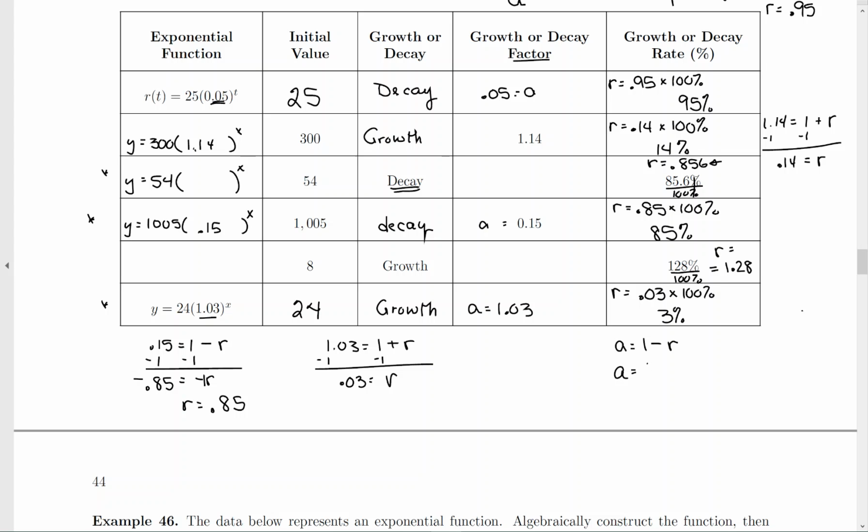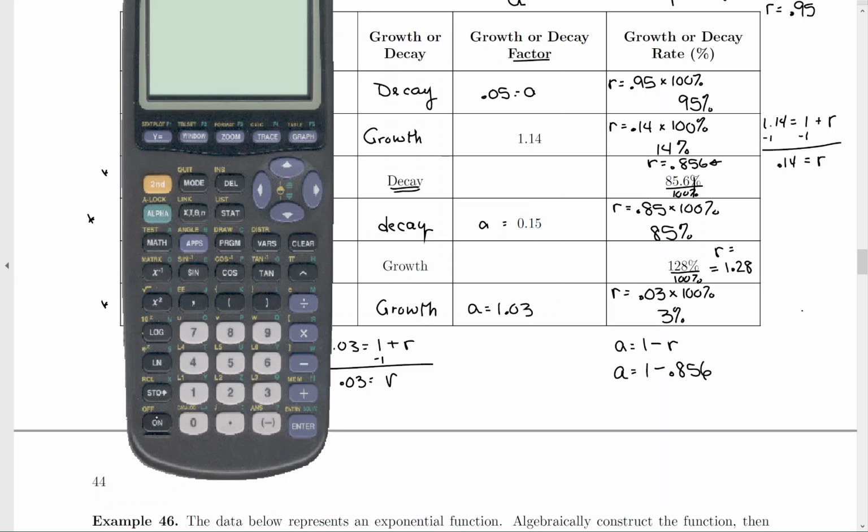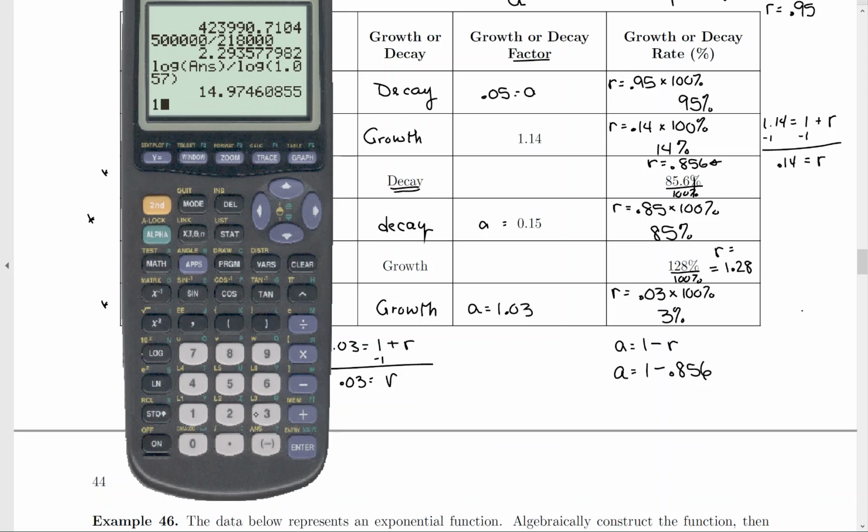And I'm looking for A, so I just plug in the 0.856 for R. All right, and then go ahead and use your calculator if you're not big into decimals, because all you're doing is just subtracting these two here. So 1 minus 0.856, that gets us 0.144.